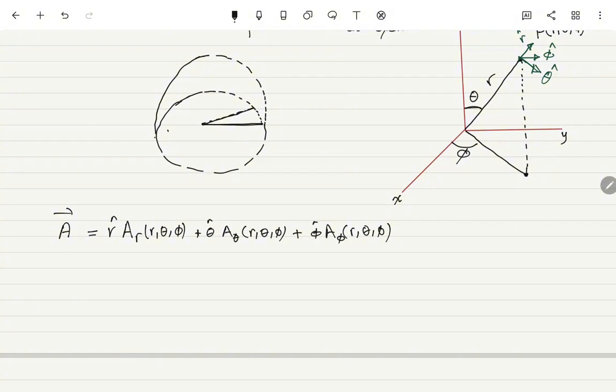Like in Cartesian coordinates, i hat cross j hat gives you k hat. Similarly, r hat cross theta hat will produce a new vector perpendicular to them. The vector perpendicular to r and theta is actually phi hat. And dV in this case equals r squared sine theta dr d theta d phi.